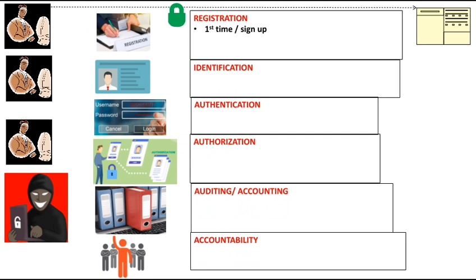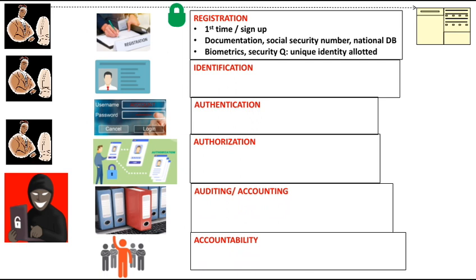Now, registration happens only for the first time when a user signs up to the system. A system may ask you to provide documentation as proof of your identity, or some more secure system like the banking sector may ask you to provide your social security number, and the system may also compare your credentials with the national database.